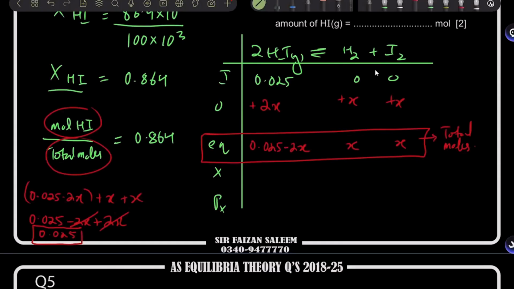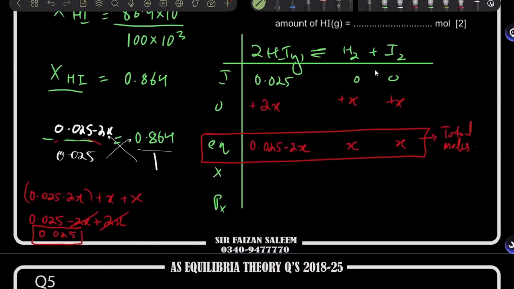What do I do next? So let's substitute that. The moles of HI is 0.025 minus 2x, and the total moles at equilibrium were 0.025. Now I cross multiply and find x.